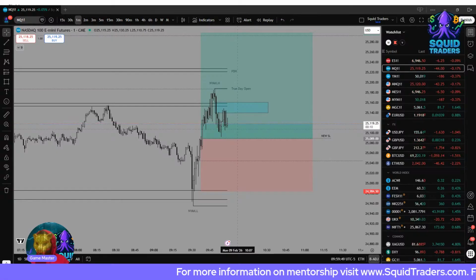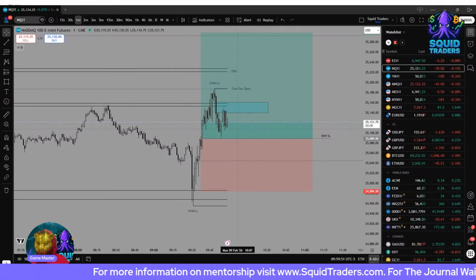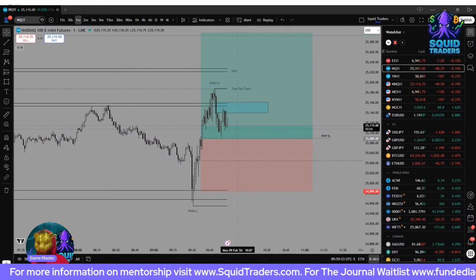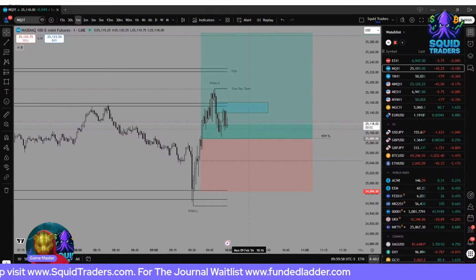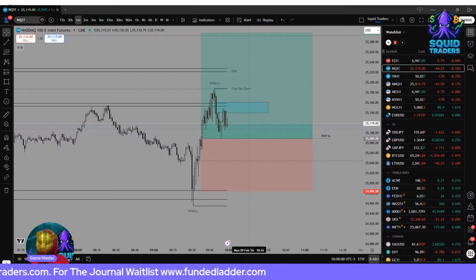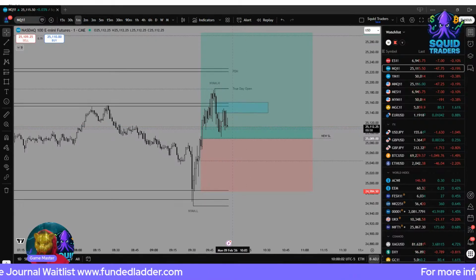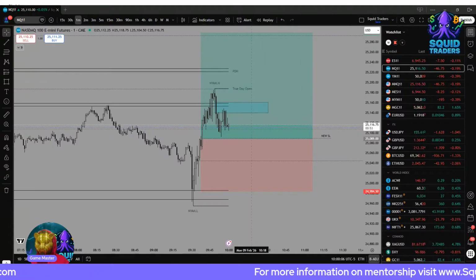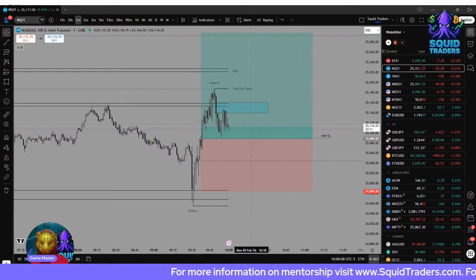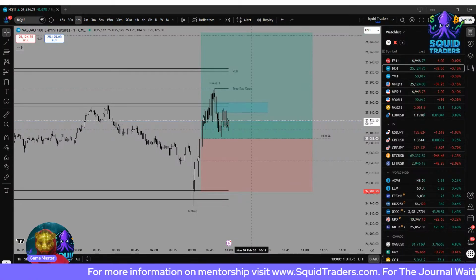You don't do that. You just wait for a new setup to form, and it will form. It will give you another opportunity to enter the trade, not the same way. It's just going to be a different setup, like an order block retest or a fair value gap retest, some liquidity sweep coming back into the OTE, and then taking a trade from there. You will get something or the other. You just have to be patient enough to let the market tell you where it wants to go.